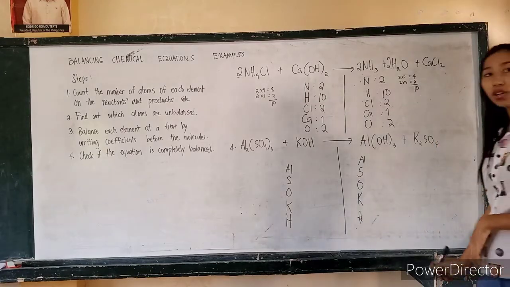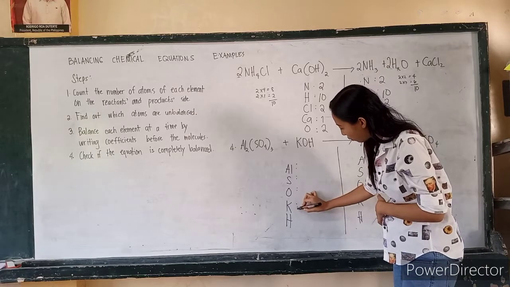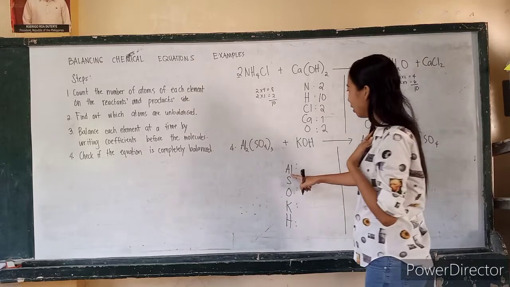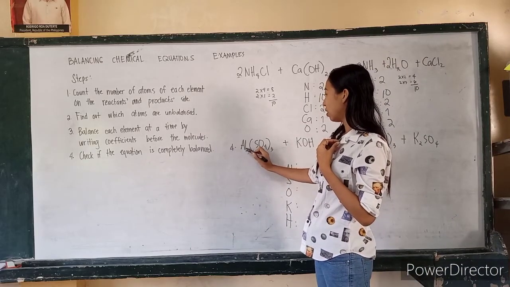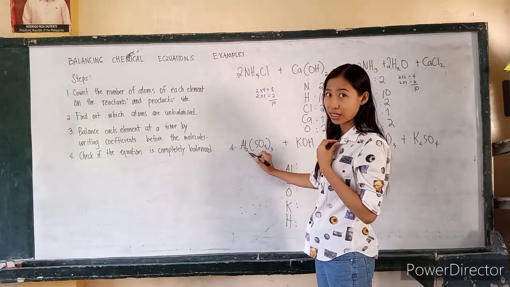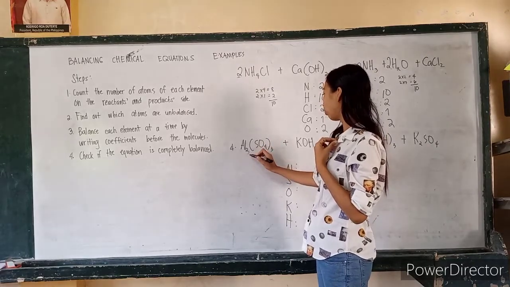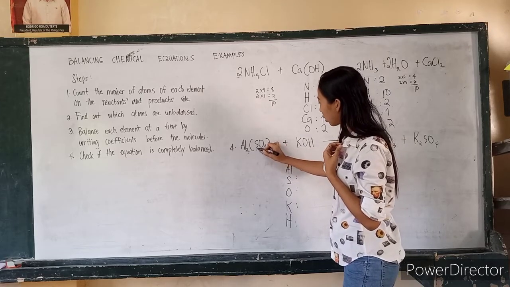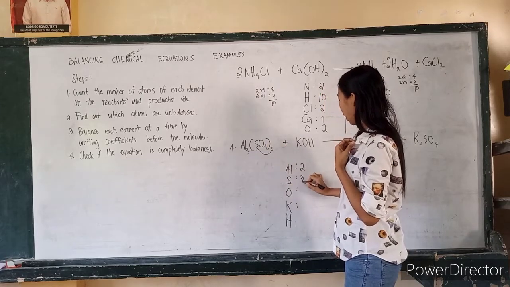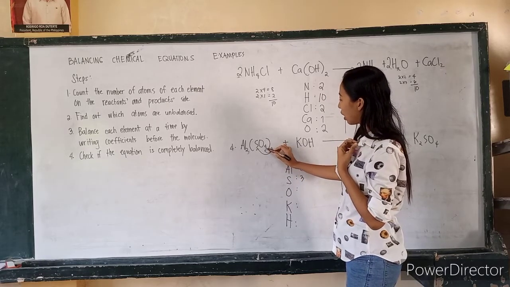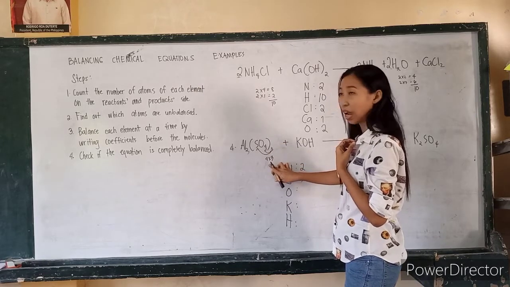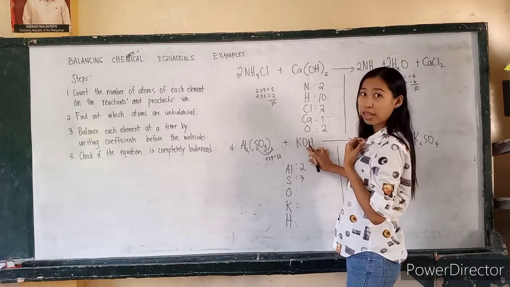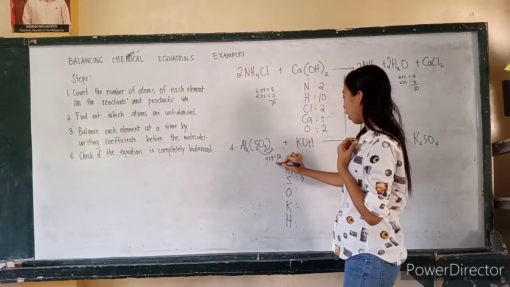So, let us count our number of atoms one by one. Okay? So, how many Al do you have? Two. Again, it cannot be distributed because it is outside the parenthesis. So, you have 2 Al. Then, your S, distribute it inside. So, you have 3 S. Oxygen, we also distribute. So, 4 times 3, this becomes 12. Okay? Plus, one more O. So, total is plus 1.